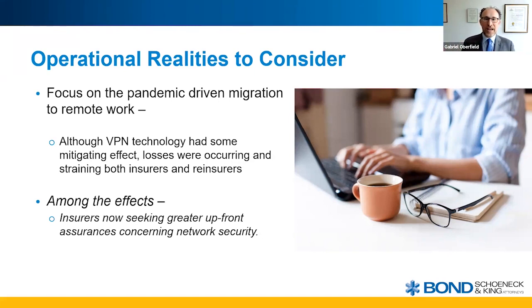With all of those touch points to the various institutions that are harder to control because they are literally remote, and potentially increasing of the liability to insure against, one of the ways that insurers are focusing on that is in those applications and through negotiations, looking for greater upfront assurances about the quality and seriousness by which networks are secured. So I just note that as one important environmental factor here. Next slide, please.